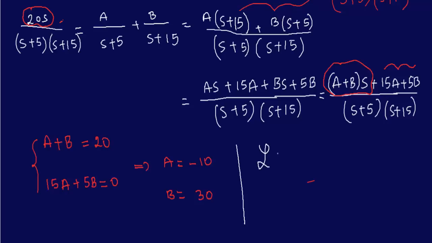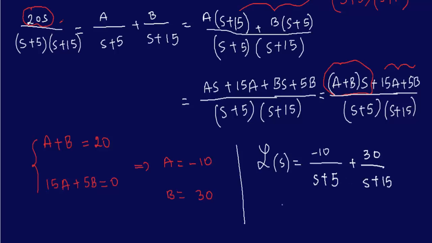Alright, so L of S would be minus 10, which is A, over S plus 5, plus B, which is 30 over S plus 15.